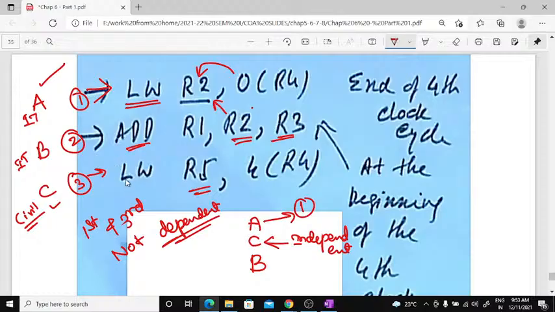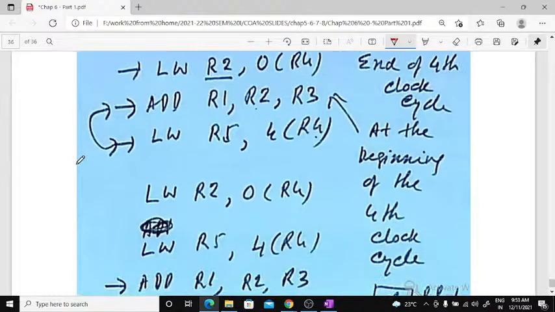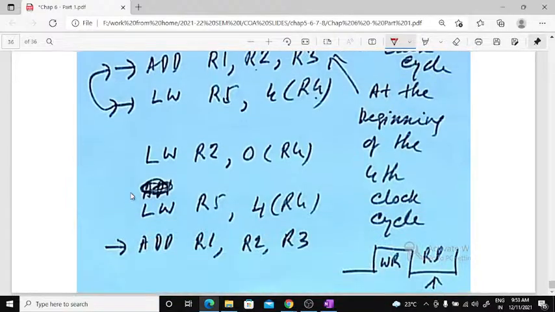Independent means it will execute on its own. Actually we are doing this technique to avoid the stall, because we execute instructions in parallel in one particular clock cycle. So the compiler will rearrange the instructions and add this independent instruction.